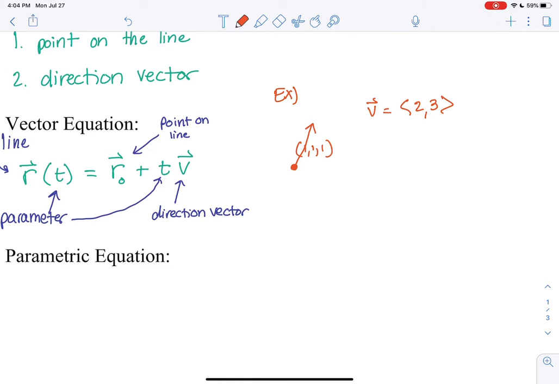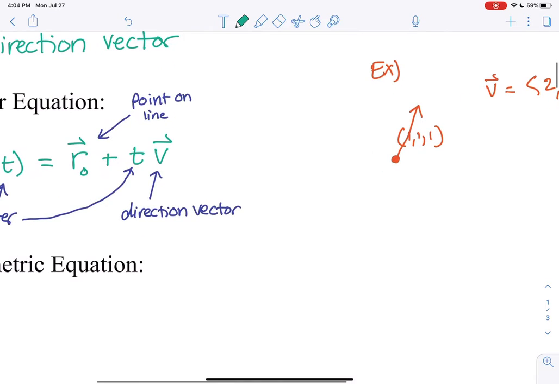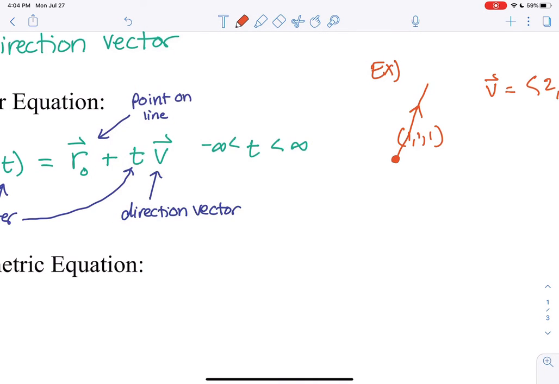The last piece of information you need to get a full line, because the definition of a line is a straight line that extends infinitely in both directions, is to bound the parameter so that it gives you all of the line. In this case, t, our parameter, needs to go between negative infinity and infinity. That extends this line infinitely in each direction. That's what the parameter is doing.